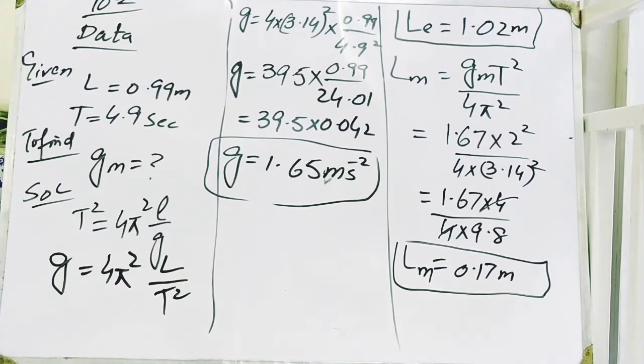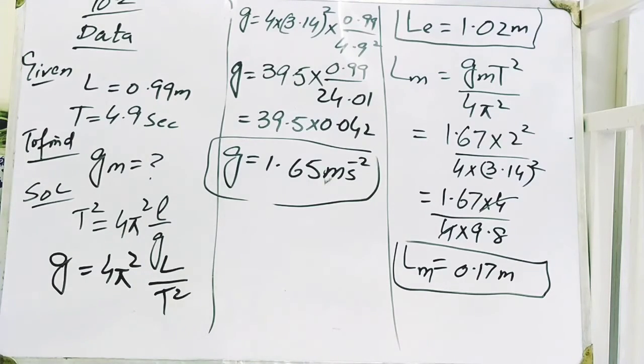So the third question will be: find the time period of the simple pendulum of 1 meter length placed on Earth and Moon. The value of G on the surface of Moon is 1/6 of the value of Earth, where GE is equal to 10.5 meter per second.